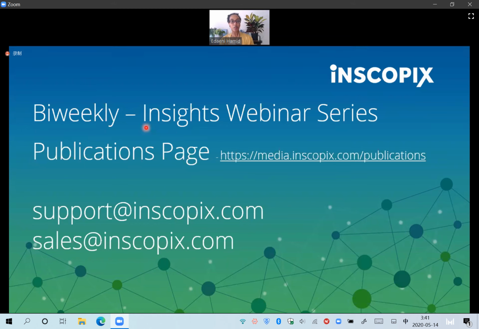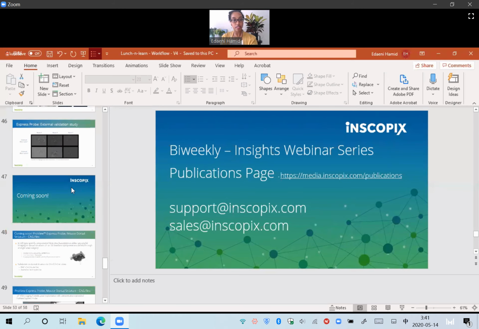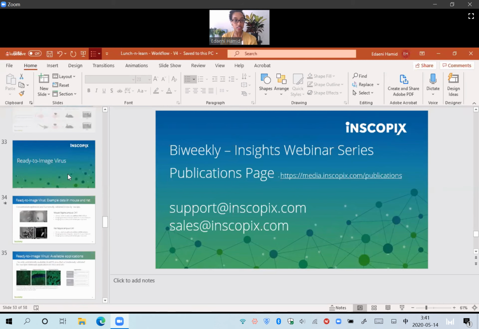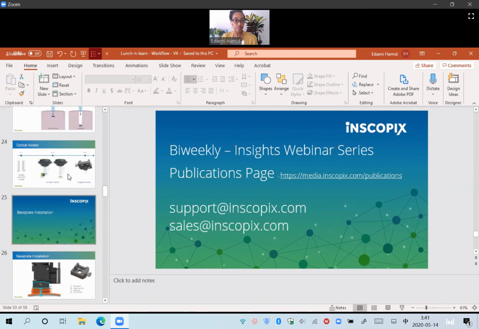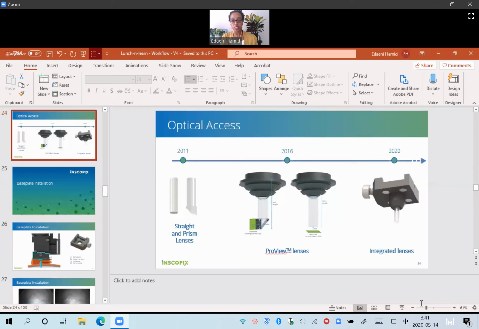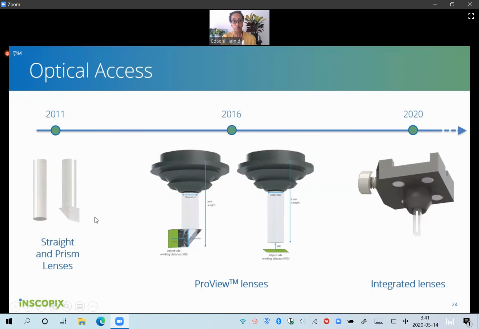Let me go to Alexia's slide on prism lenses. In general, what we've optimized is that you would be able to image any cell that is at zero from the tip of the lens all the way to approximately 400 micrometers.